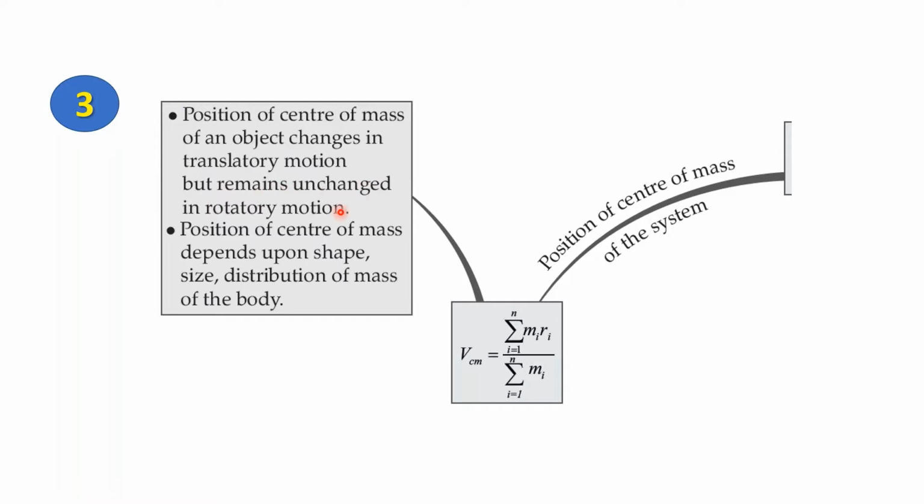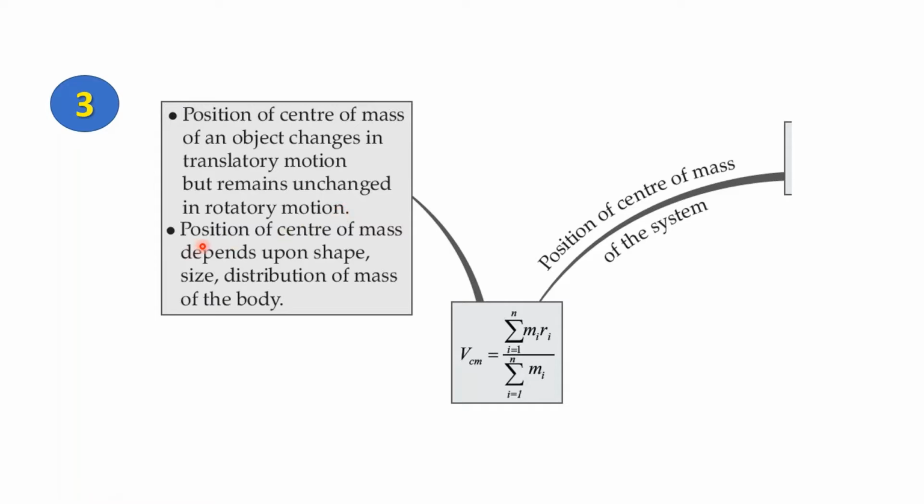Now, if you're moving an extended object along the x-axis or the y-axis or the z-axis, the center of mass and all the other particles of the body will be moving with the same velocity. However, in rotatory motion, the center of mass will be fixed, and the whole system or the object will be rotating around the center of mass.